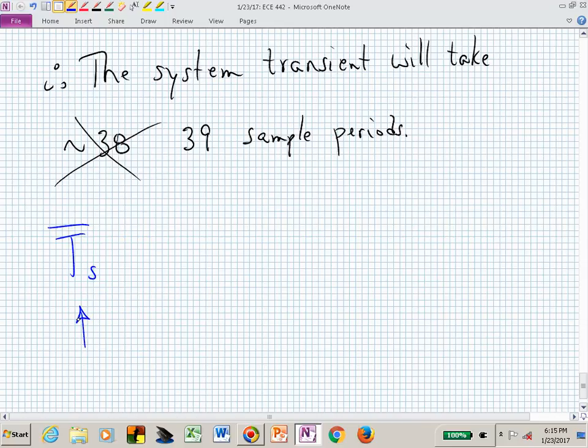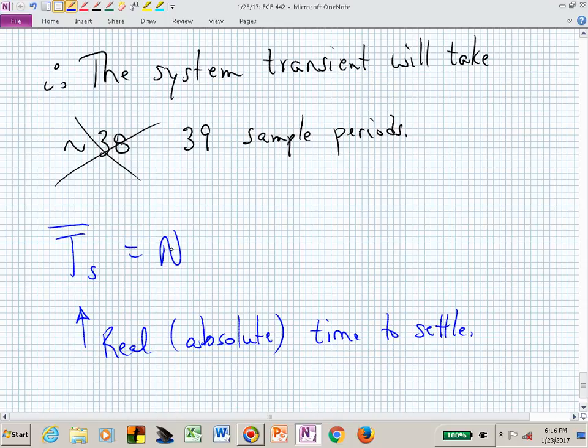This is now the real, or the absolute time to settle. That's now n times T, where n is 39. And for grins, let's just pick a T. I didn't pick a T before, but I'm doing it now. Let's say that was 0.04.